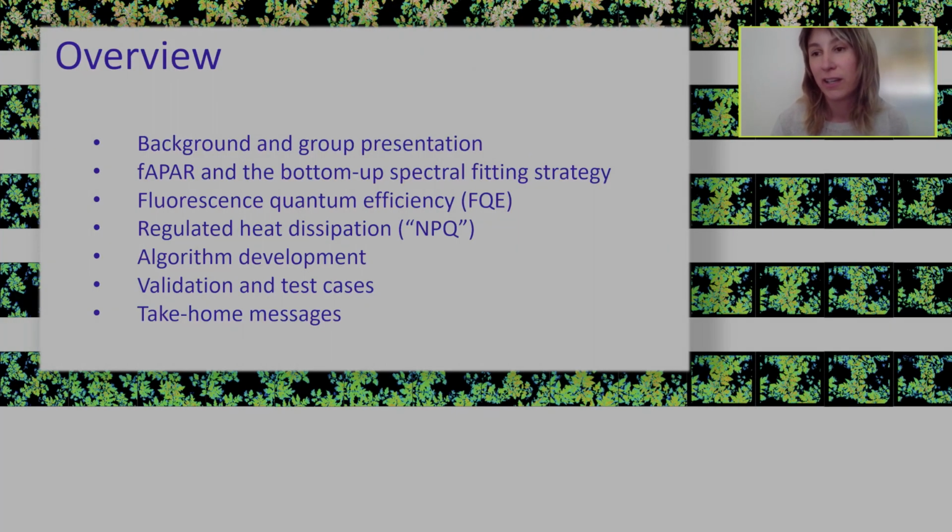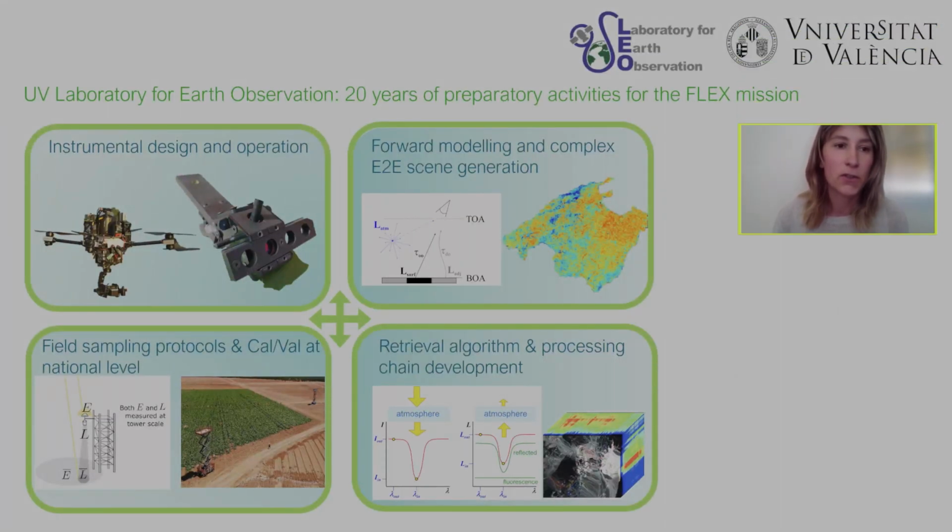I will talk about how we came to this algorithm development, how we are currently validating and testing it, what would have to be further improved, and of course some take-home messages.